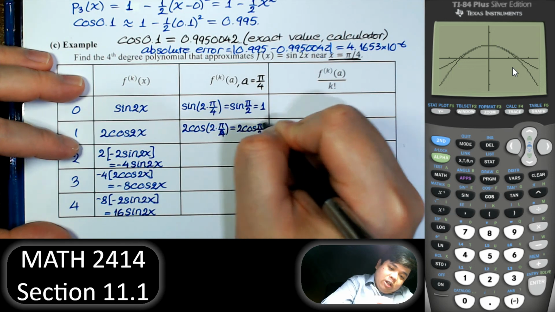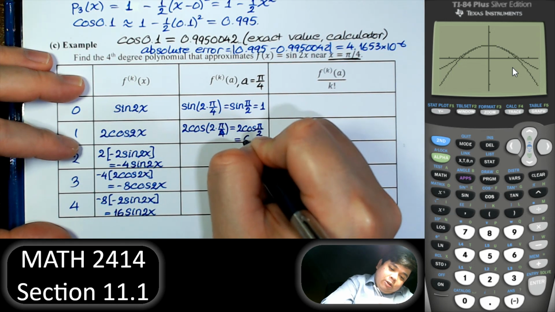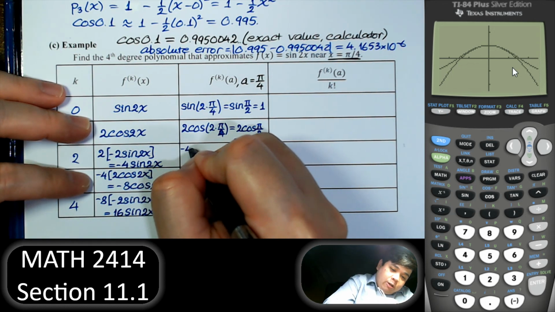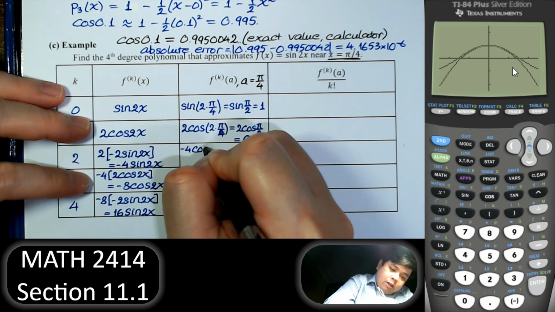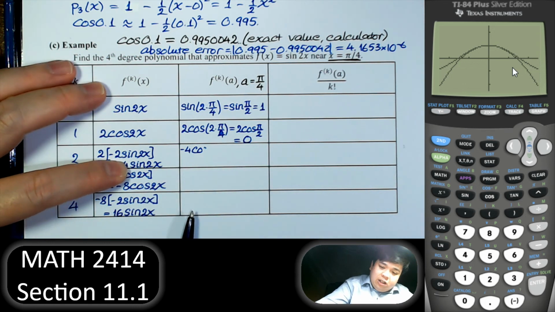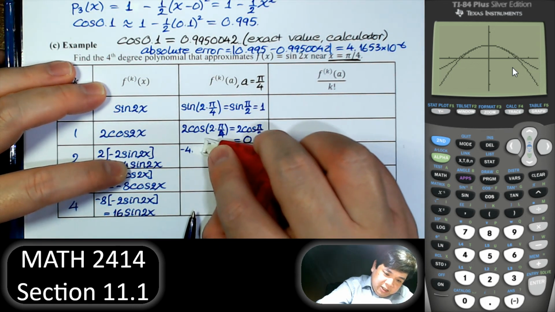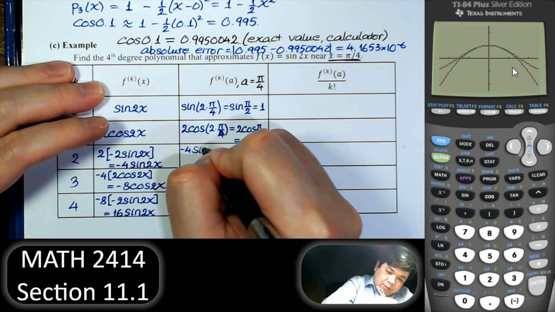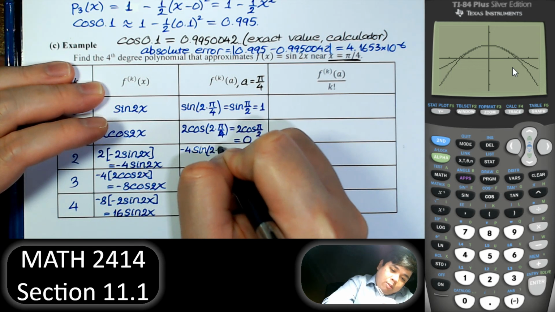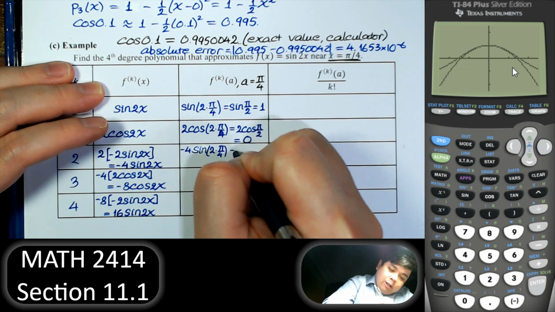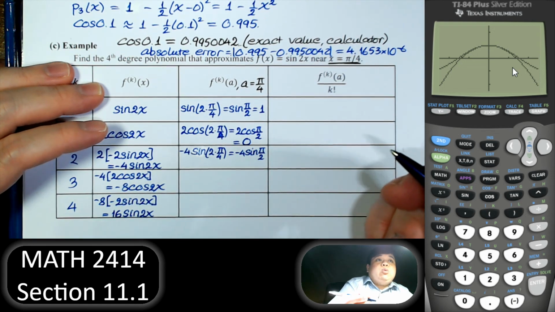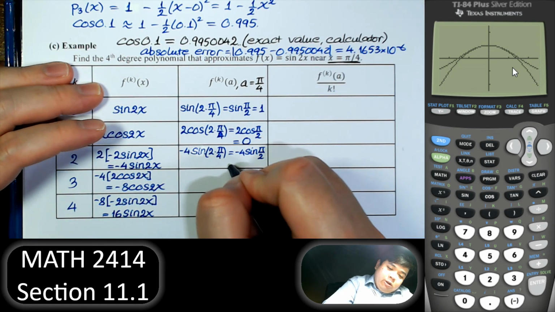Cosine of pi over 2 is 0, so this is equal to 0. Next we have negative 2 sine of 2 times pi over 4, so negative 4 sine of pi over 2. Sine of pi over 2 is 1, so this is negative 4.